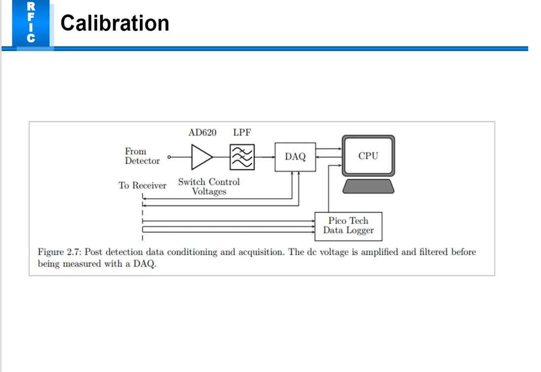And the DAQ in this figure is also used to control the RF front end switch for calibration. This setup is illustrated in this figure. Technology and the temperature data logger TC08 from Pico Technology monitor the load temperature and experimental test setup temperature.